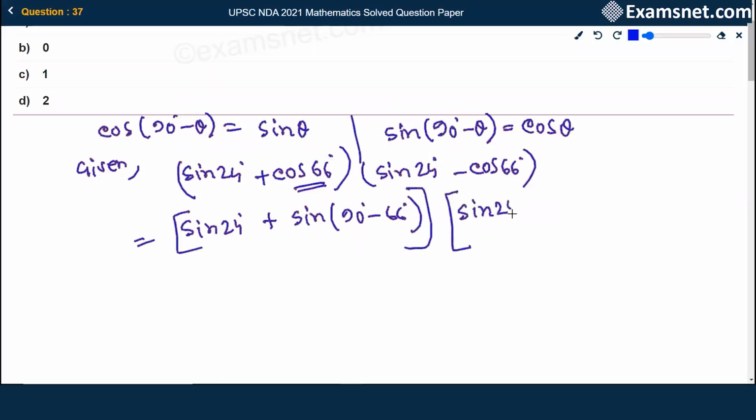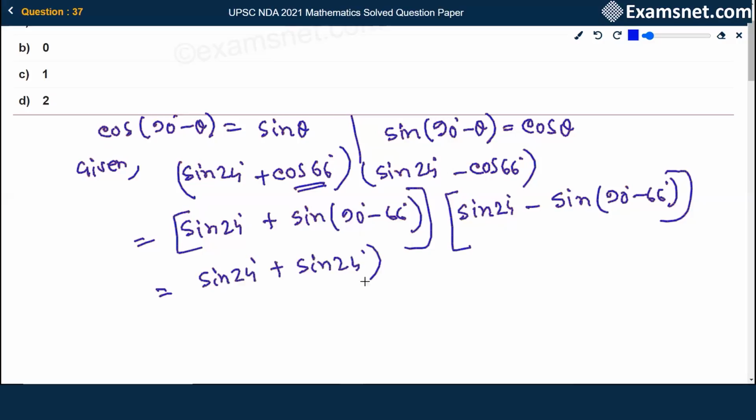In both expressions we will change cos 66° in terms of sine: sine of 90 degree minus 66 degree, correct? Sine of 90 degree minus 66 degree will give us the value sine 24 degree.